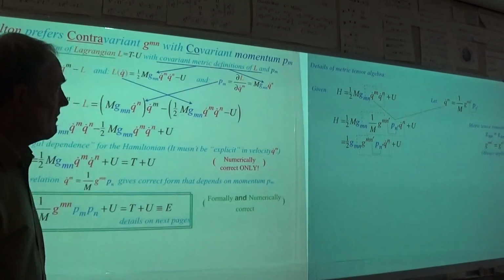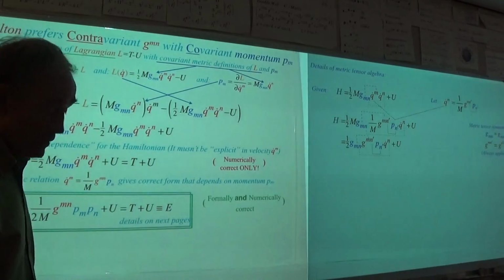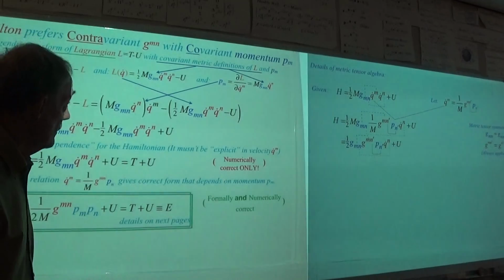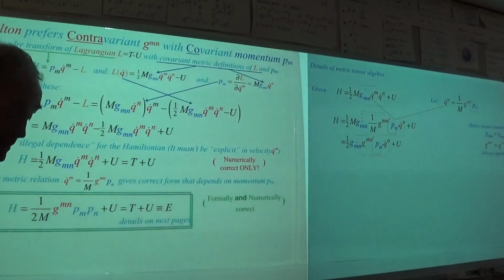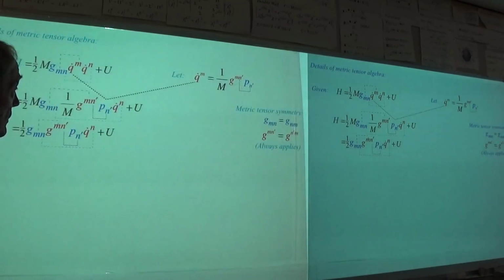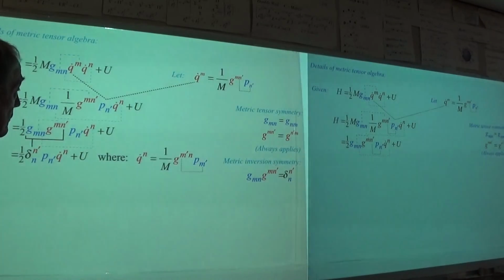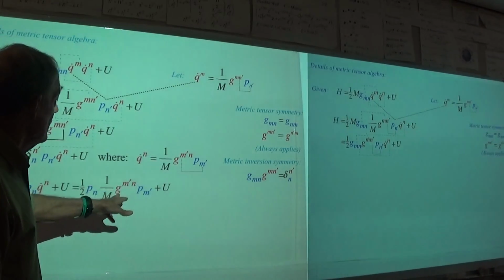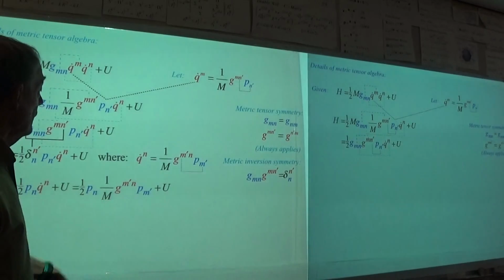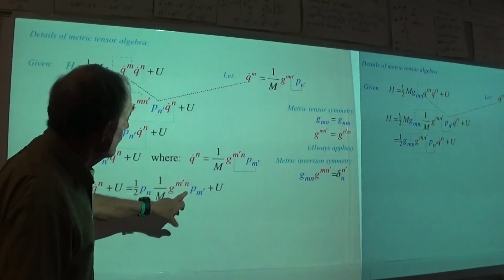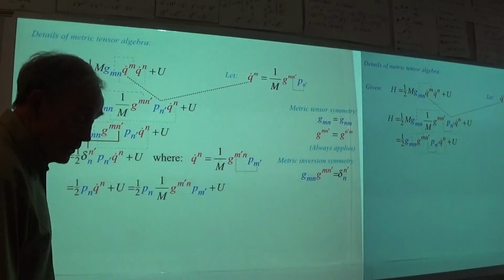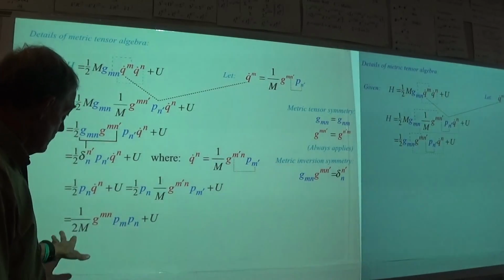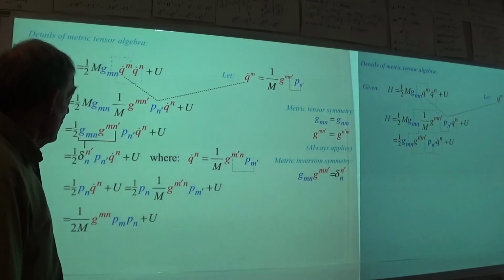That has to be so in order for it to be a conserved quantity in the case of no explicit time dependence. So that's where we're headed: rewrite this so I can collapse it to a contravariant metric and covariant momenta. That's the result we have now.